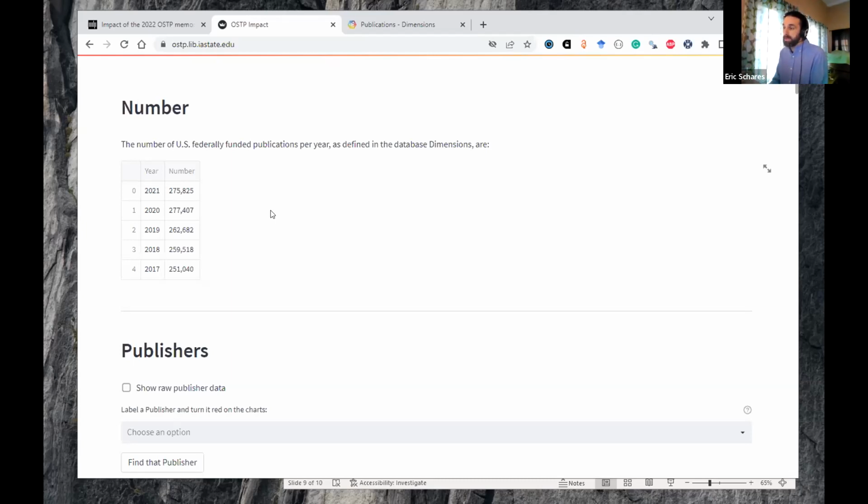So about a third of papers coming out of the US acknowledge some form of US federal funding. And that same number represents 4.5% of total global research output. So 4.5% of all papers published worldwide over these 5 years acknowledge some form of US federal funding. Those are the papers that would fall under this updated 2022 OSTP guidance.